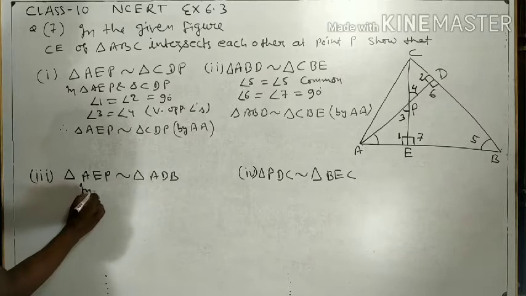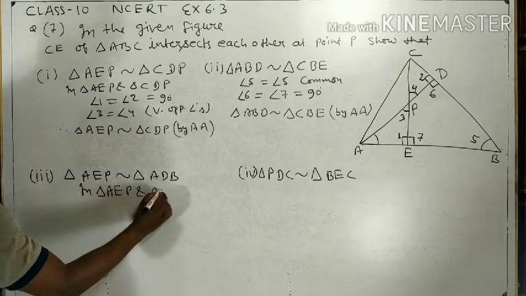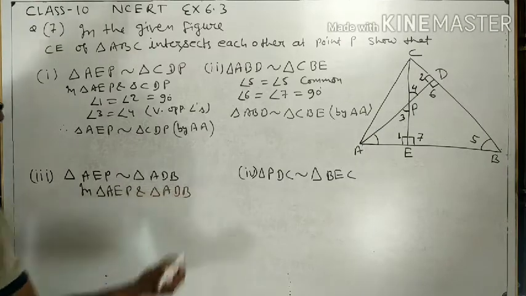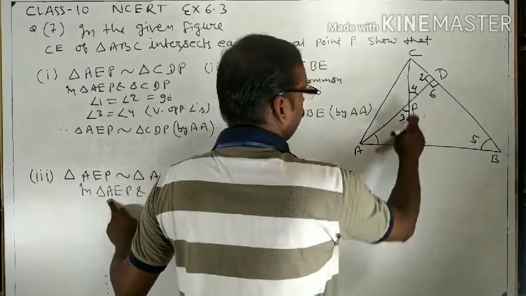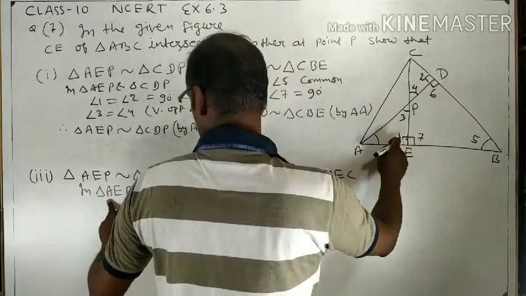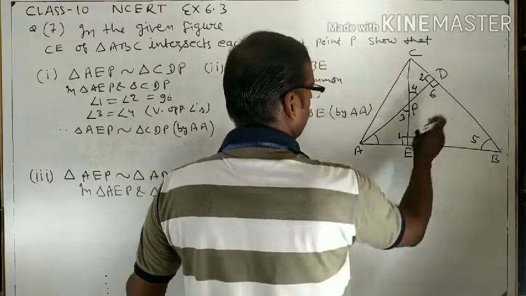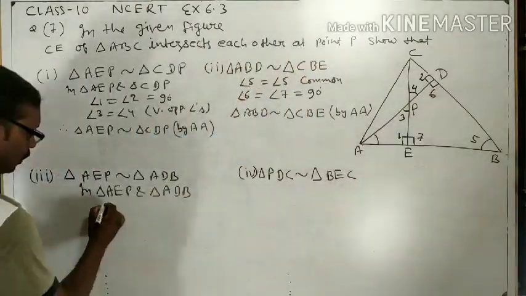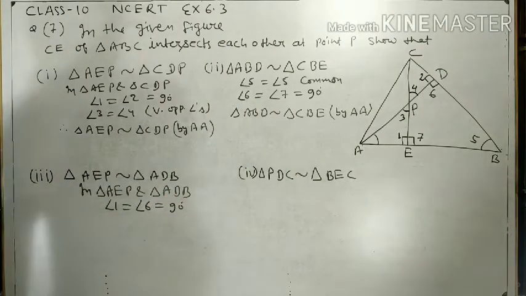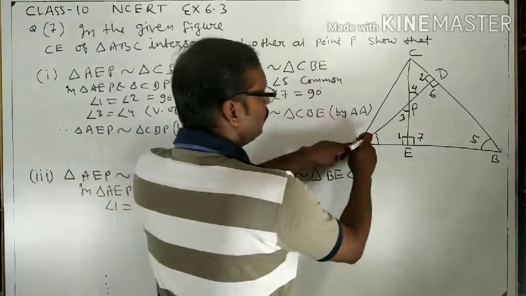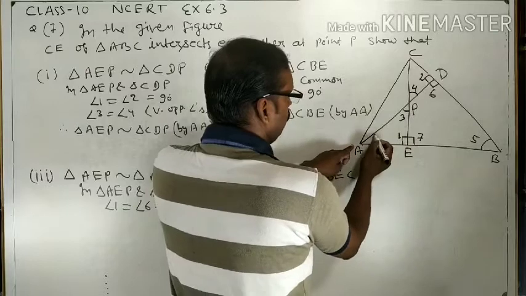Now third, triangle AEP similar to triangle ADB. So we write, in triangle AEP and triangle ADB: see in the figure, in AEP, angle 1 is a right angle, and in ADB, D is a right angle. So angle 1 equals angle 6 because both are equal to 90 degrees. Also, angle A is common.